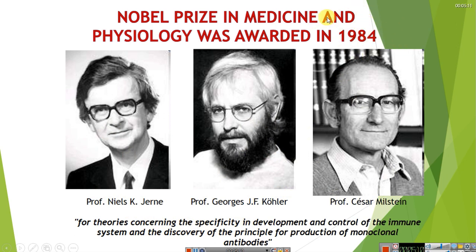They were awarded the Nobel Prize in Physiology or Medicine for theories concerning the specificity in development and control of the immune system and the discovery of the principle for the production of monoclonal antibodies. So they gave theories regarding the specificities in development and control of the immune system, and they basically provided the principle for production of monoclonal antibodies.